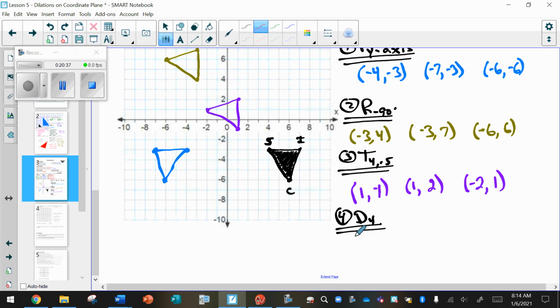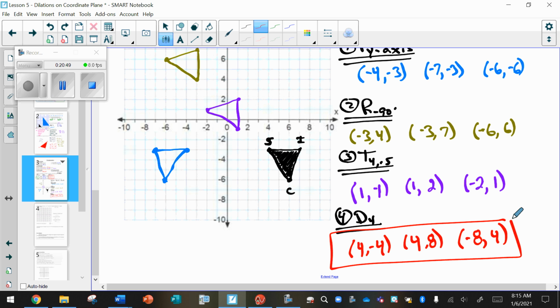So we're just going to multiply each coordinate times 4. And then once we have those, we have our final image coordinates that we can plot and graph. So (4, -4) would be s prime. (4, -8). I'm sorry, (4, 8).